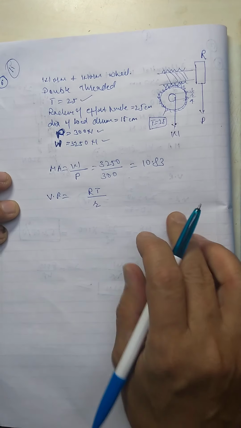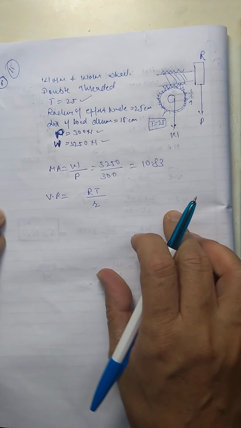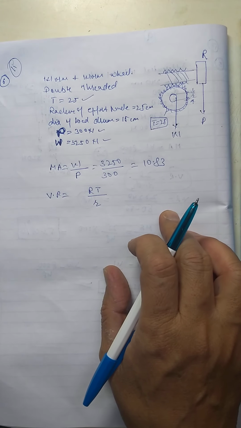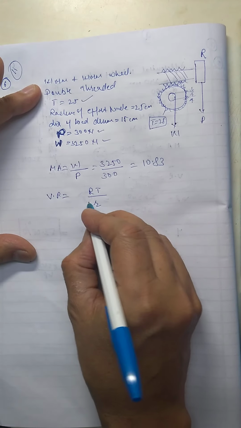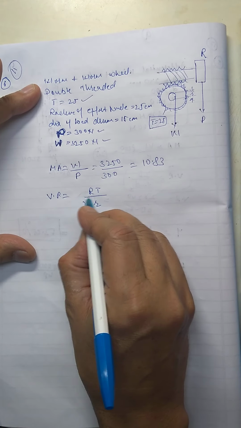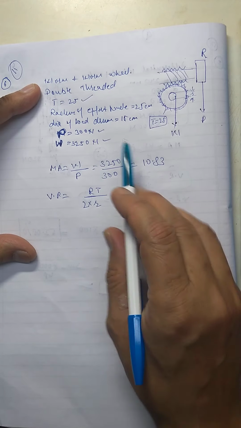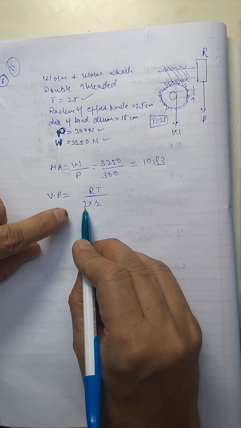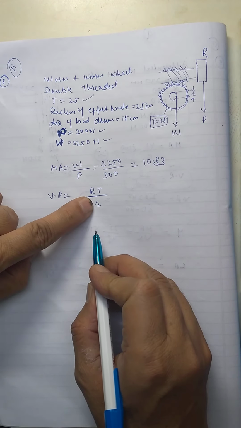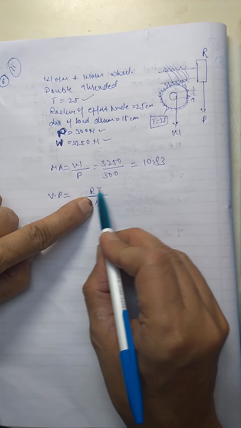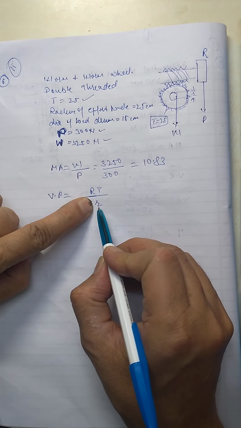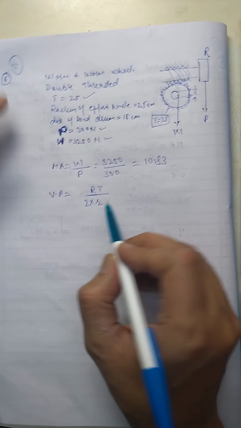But as it is double threaded, a factor of 2 comes here. If it was single threaded, then this 2 would not come in the formula, and the formula would only remain RT upon r. But it is double threaded, so 2 comes here.